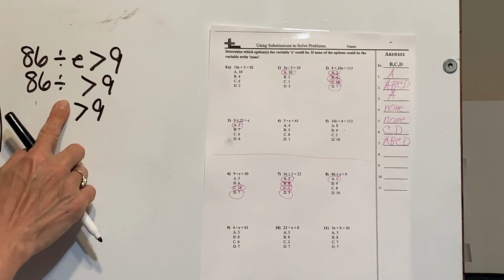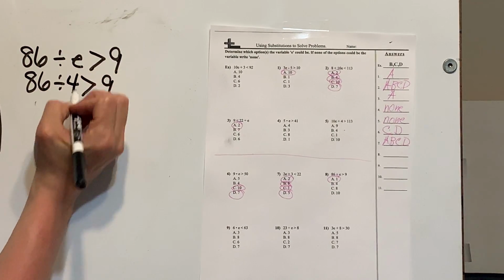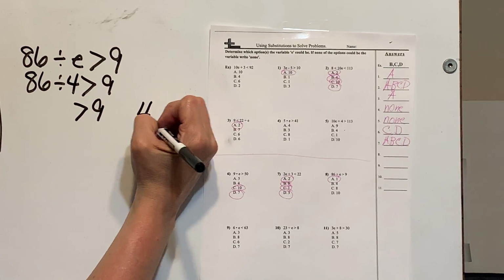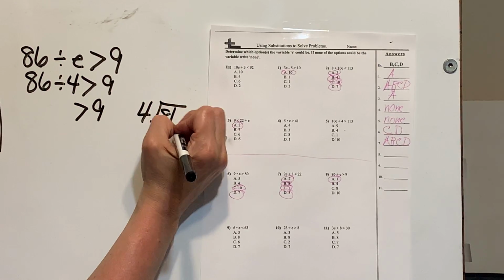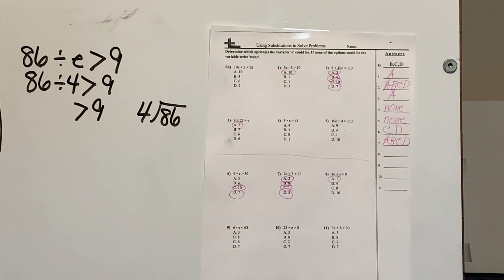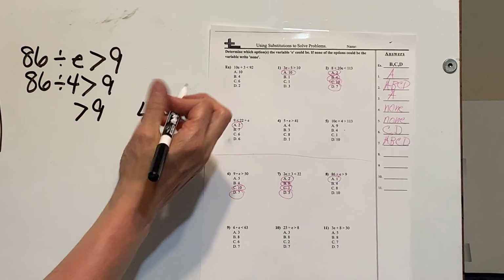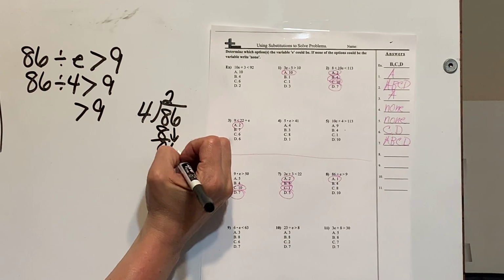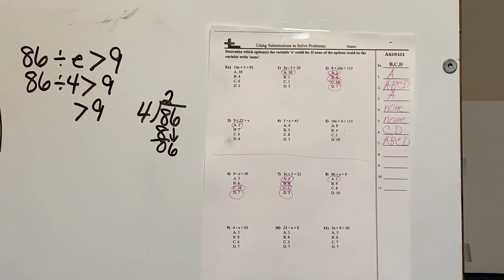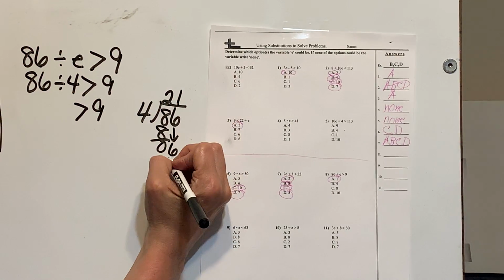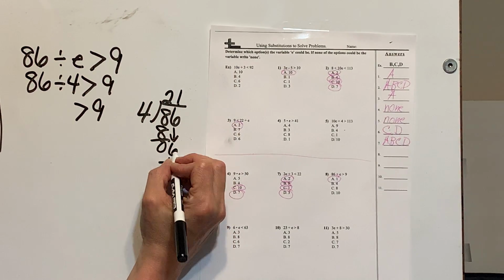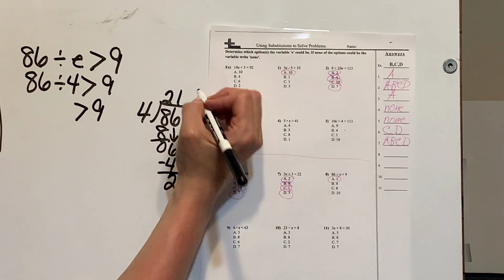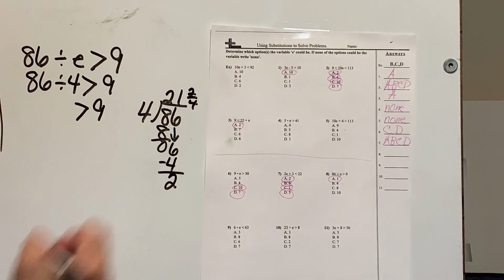So this time we've got 86 divided by 4. So let's go ahead and go over here. 86 divided by 4. Well, something times 4 gives me 8. That would be 2. And then we bring down the 6. Well, when I count by 4, it's 4, 8. So it's only one 4 that I can use. 6 minus 4 is 2. So that would be 2 fourths.